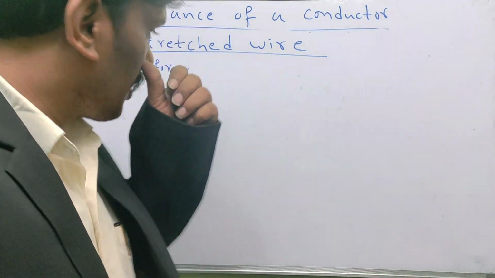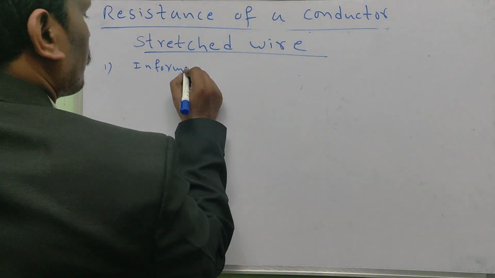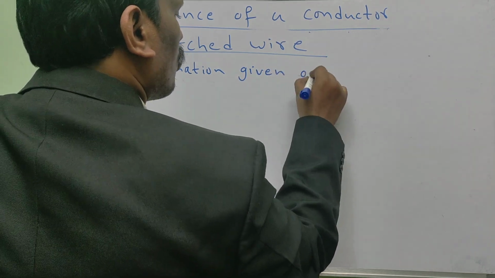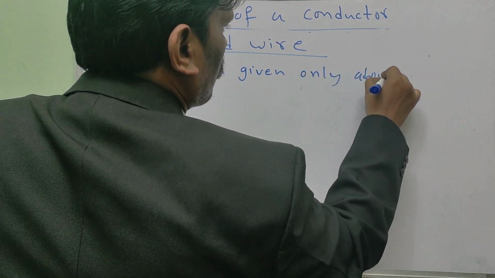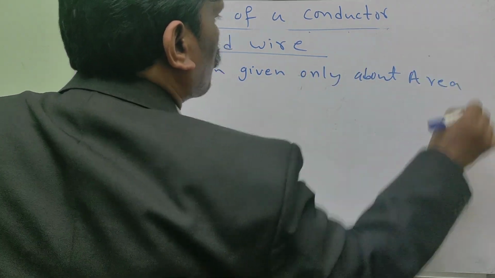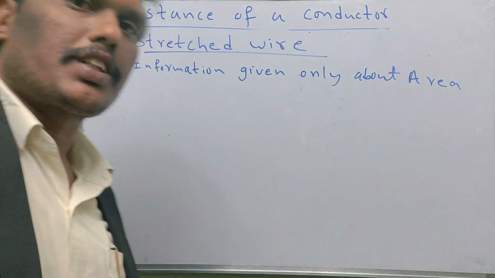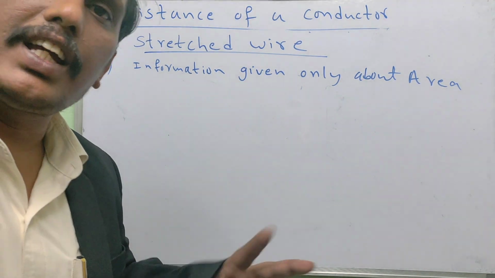Then how do we solve the problems? Let us see. Suppose information is given only about area. After stretching the wire, which quantity is constant? Volume is constant. Length changes and area of cross section changes.